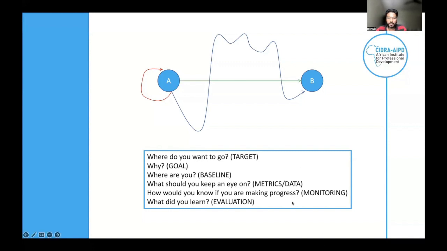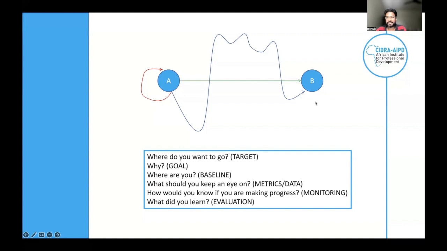And how would you know if you're making progress? That is the monitoring bit. So monitoring is happening during the journey. While you're on your journey, you're looking at these metrics, you're looking at where you are and how you're making progress. And the evaluation half is after you reach B. You think back on how you made your journey.